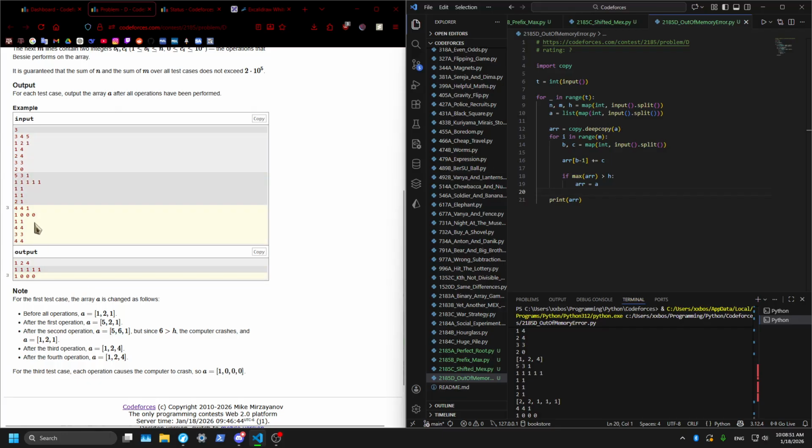This one, every operation makes it go haywire. This one is okay. This one, every operation makes it go haywire. Wait, why aren't these resetting?